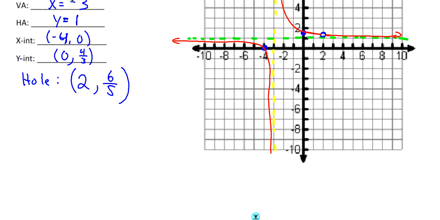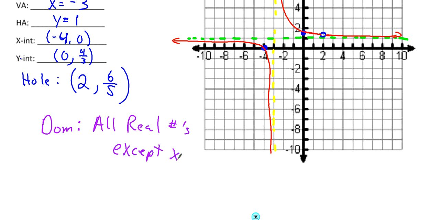If I said, tell me what is the domain of this function? Basically, it is all real numbers except x cannot equal -3 and x cannot equal 2. And that is the domain of my function.